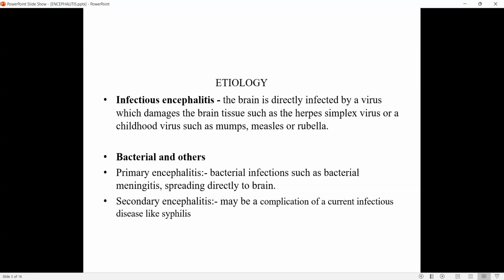In primary encephalitis, a bacterial infection such as bacterial meningitis spreads directly to the brain. Secondary encephalitis may be a complication of a current infection or disease like sepsis.